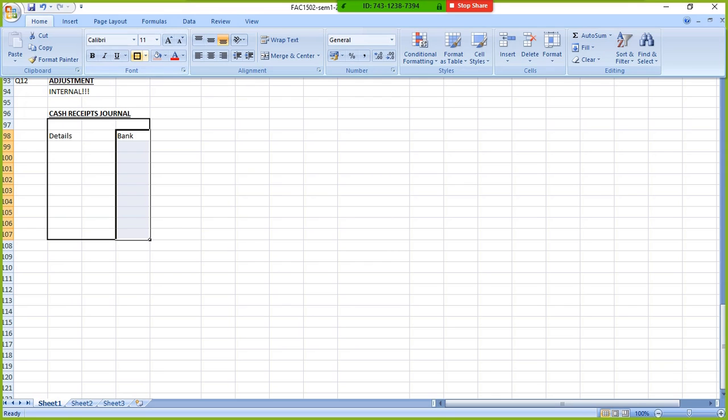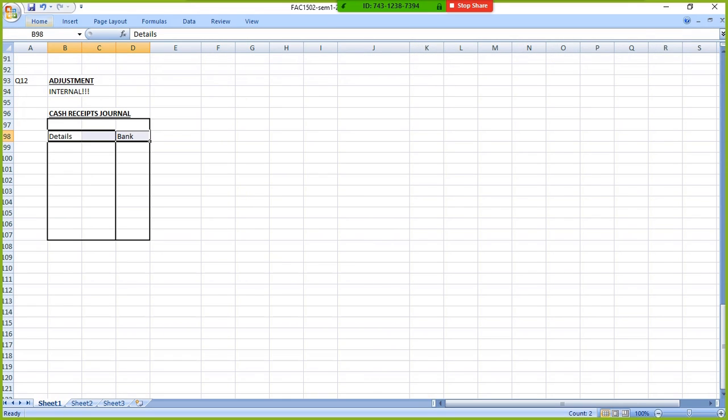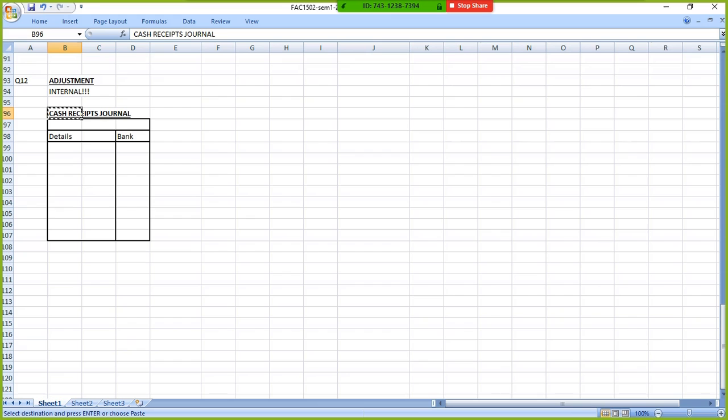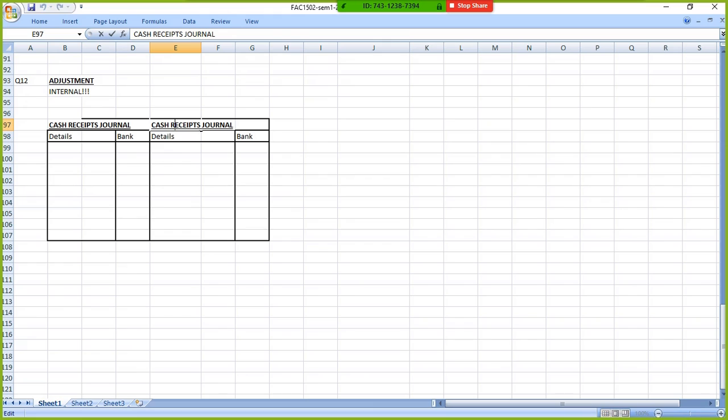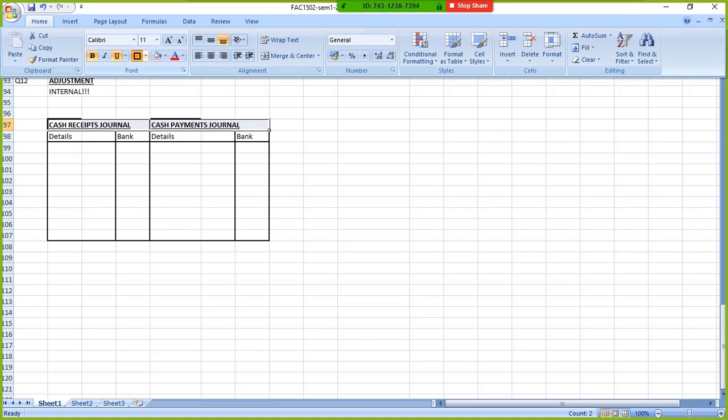Can you adjust your cash receipts and payments? Yes, you can adjust both. So copy paste, payments. So I can adjust both of these accounts if I need to.